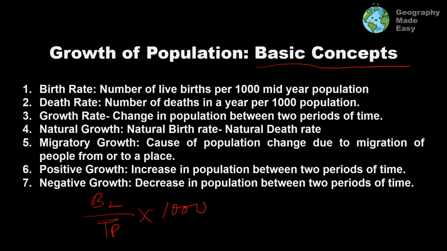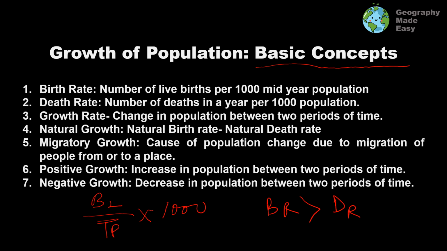Similarly, number of deaths, so number of people dying divided by total mid-year population into 1000 gives us the death rate. So in a particular place, when the birth rate is greater than the death rate, we have a positive growth.